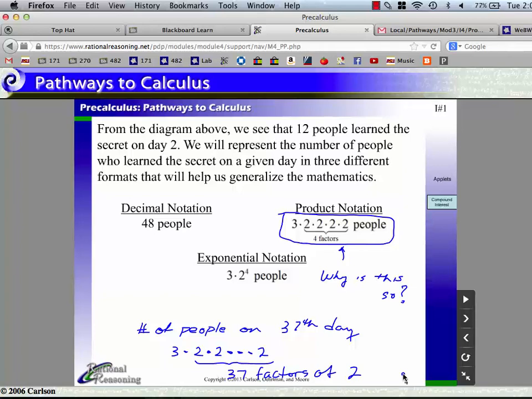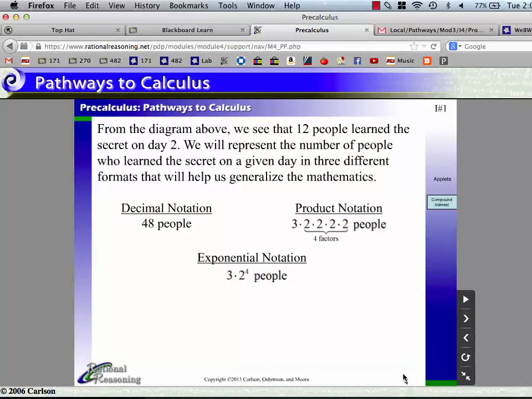Every day when the first 3 told the 2 people on the first day, the day after that, those 2 people told 2 people themselves, and it continues to follow that trend.